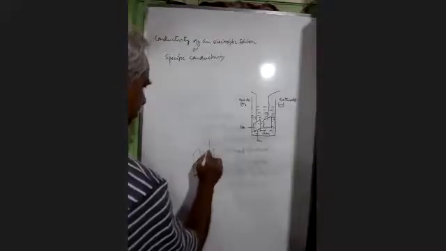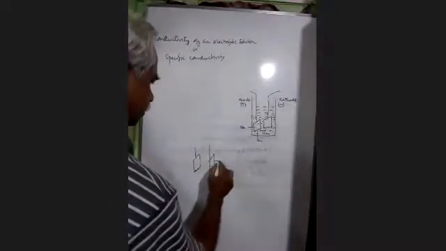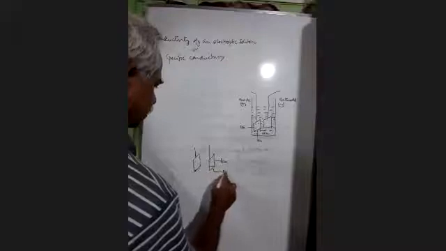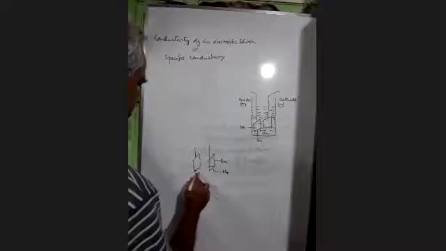So this is the electrode. So this is 1 cm. This is also 1 cm. Distance between them.